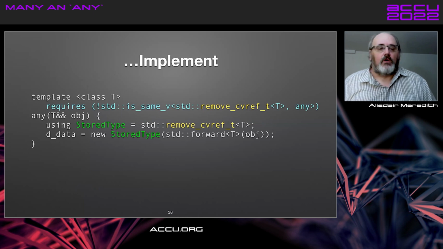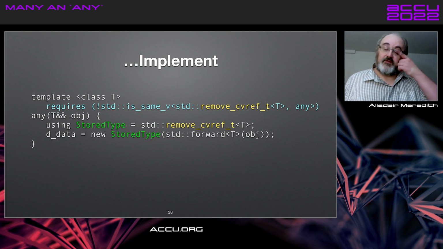So what we're going to use is a C++20 feature just because it's the easiest way to express this. There were all sorts of ugly hacks and ways you could do this in earlier versions of the language. But what we're going to do is ensure that if we remove any CV, const, volatile, and reference qualifiers from the object being passed, when we deduce T, if I'm passed an R value, T will be that type.